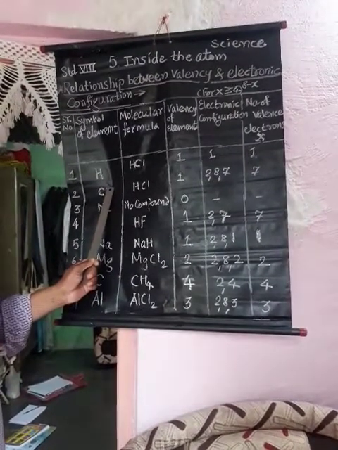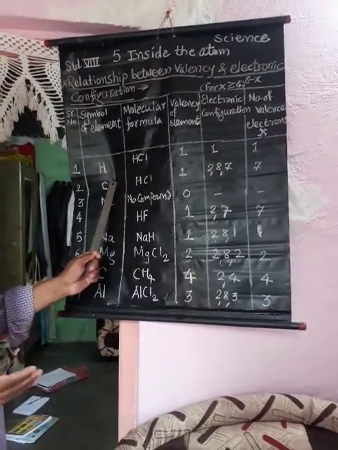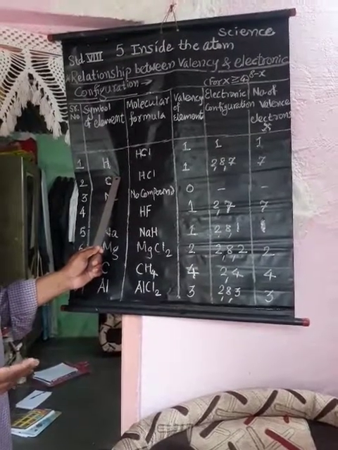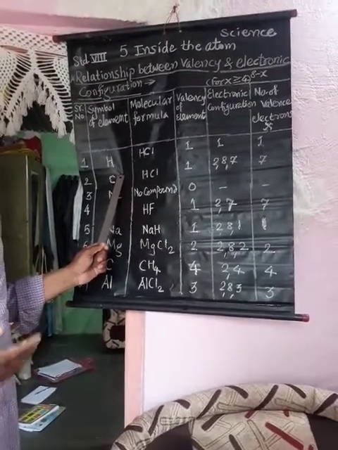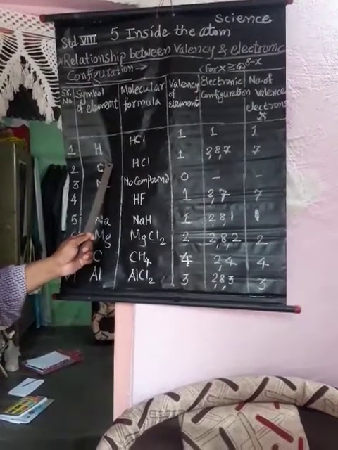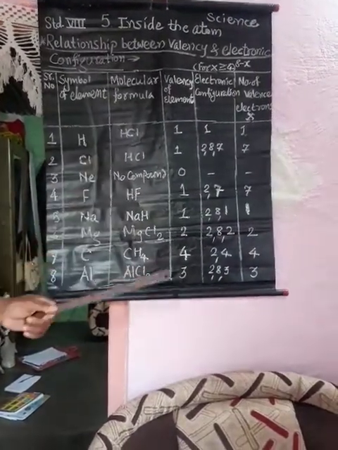So you are in 8th standard, at least you must know by heart the name of the element, their symbol and the atomic number accordingly, and the electronic configuration of that element.